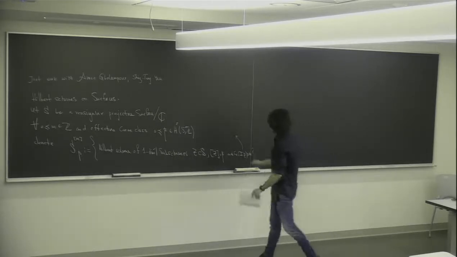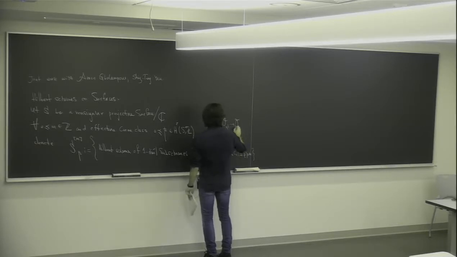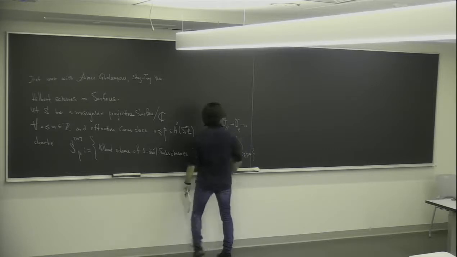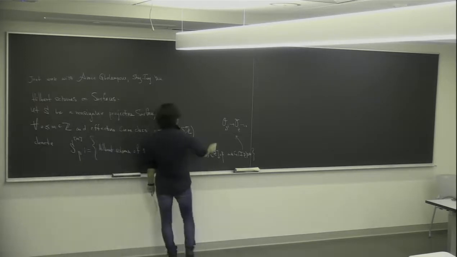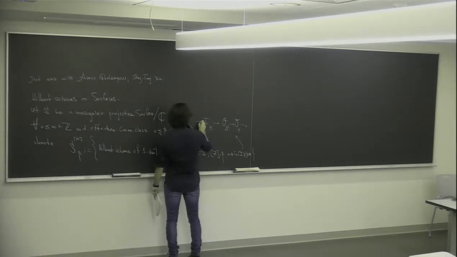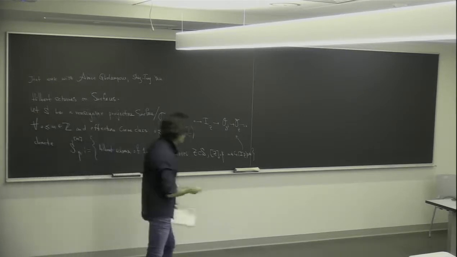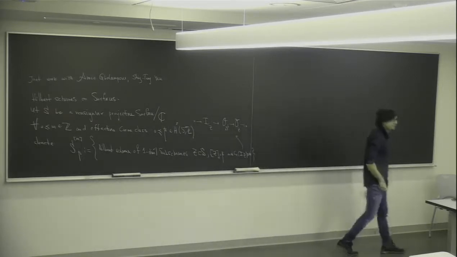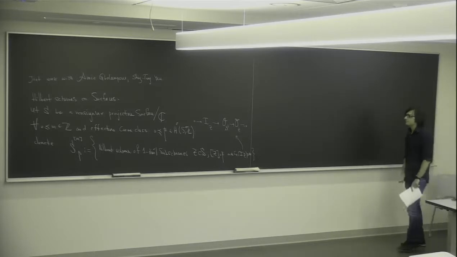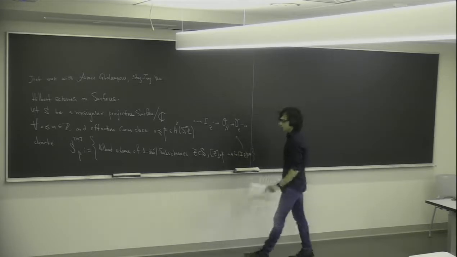The ideal sheaf means that you can look at the sheaf of regular or holomorphic functions on this algebraic surface and restrict those functions to the subscheme itself via restriction, and the kernel of this map satisfies the property of being a sheaf. It has the gluing property, and we call it the ideal sheaf because it's an ideal in the corresponding algebra, the coordinate ring of the algebraic variety. So that's what the ideal sheaf is, and with this data we can construct a Hilbert scheme.